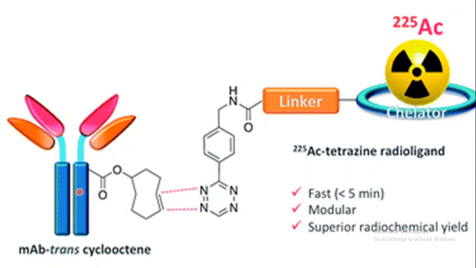These biomolecules have specificity for cancer molecules. This biomolecule is actually an antibody. The antibody is attached with a linker and chelator, because most radionuclides cannot be directly labeled with antibodies or biomolecules.